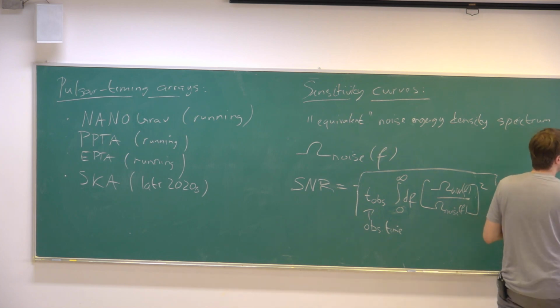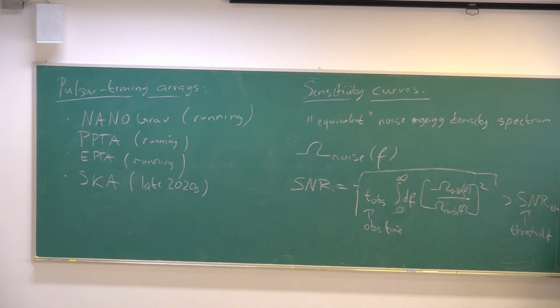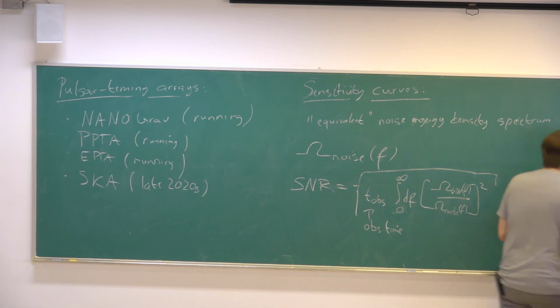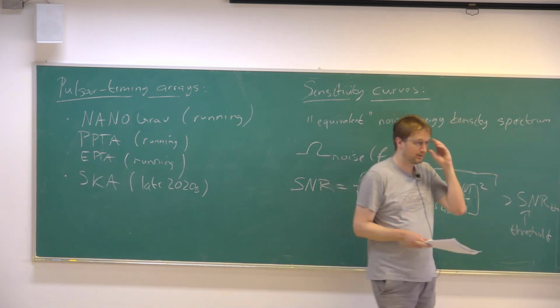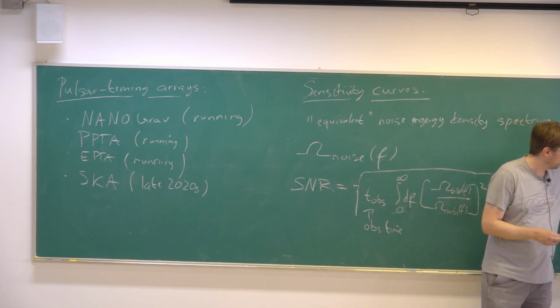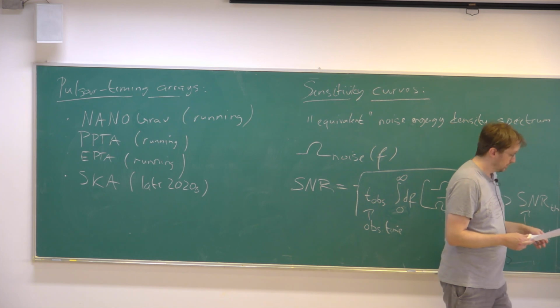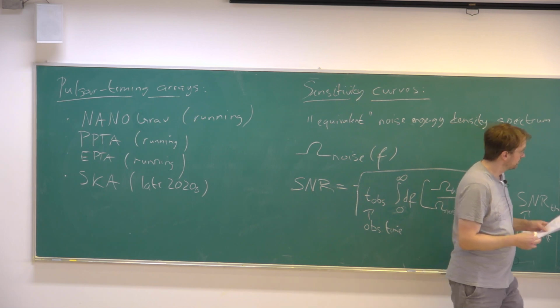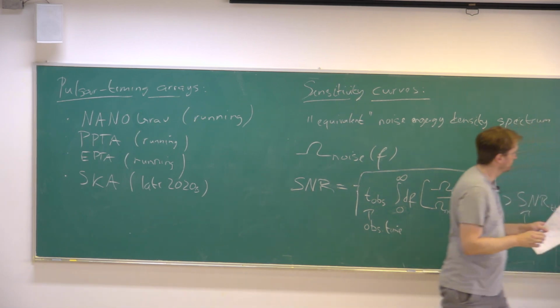So let me just plot this here in this example. h squared and noise. So typically this looks something like this. And now some kind of function that has a minimum somewhere. So that's around the frequency where you have the highest sensitivity. And well, this is this curve.